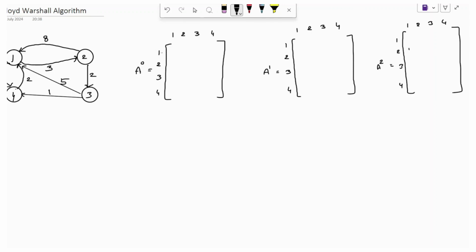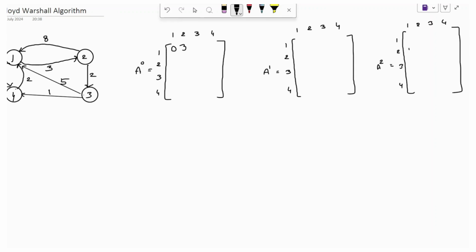The distance from any vertex to itself is anyway zero, so I am marking the distance from 1 to 1 as 0. Next, the distance from 1 to 2. If you see the graph, 1 to 2 is 3, so I am going to mark 1 to 2 as 3.